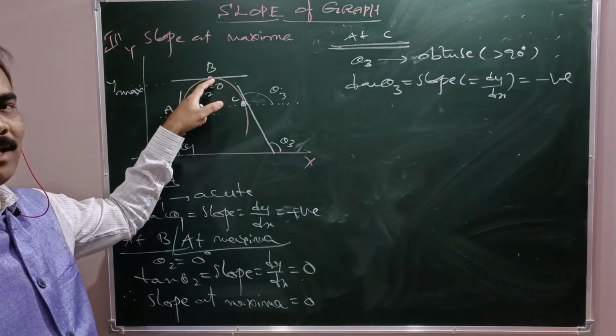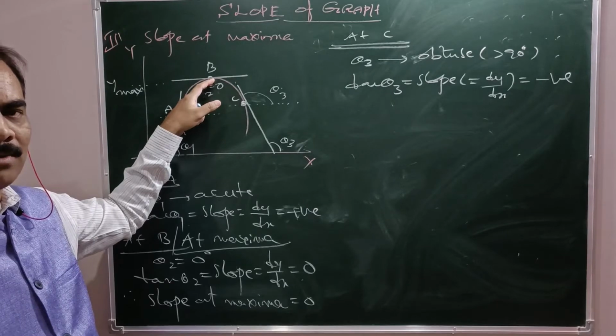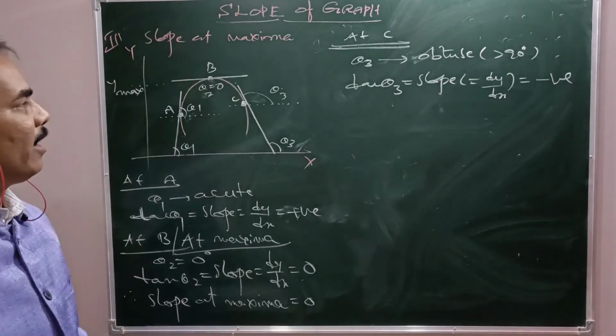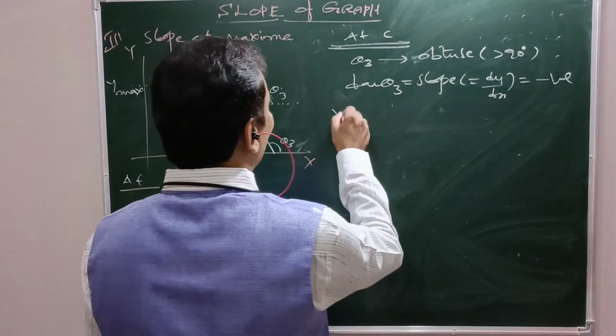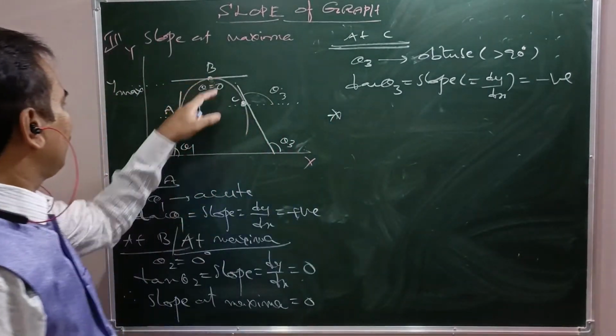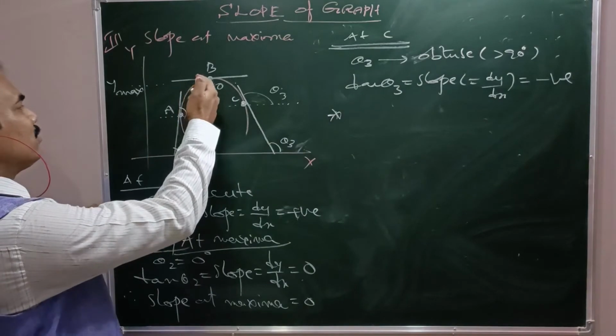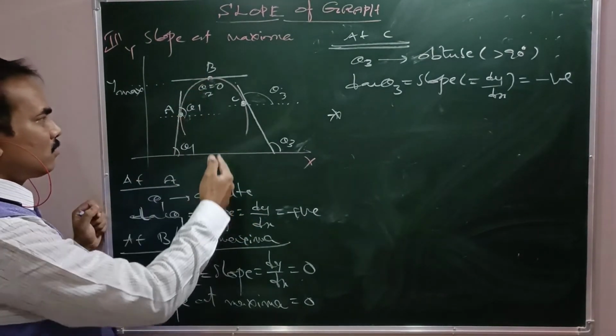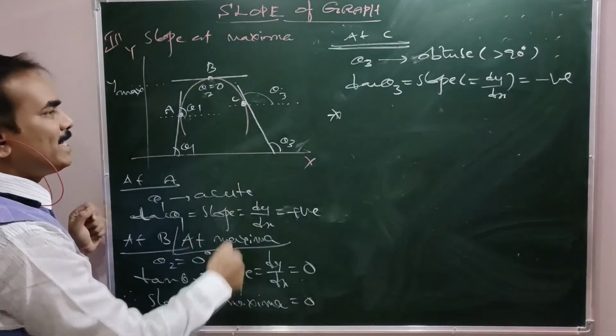At exactly B, theta, that is the slope angle, is 0. Therefore, tan theta, the slope, is also 0. Right? Now, what is the inference here? From A to just before B, slope is positive. Exactly at B, slope is 0. But beyond B, slope is negative.